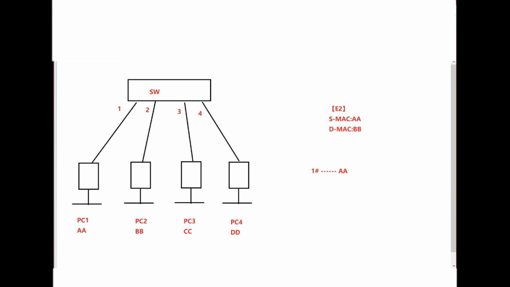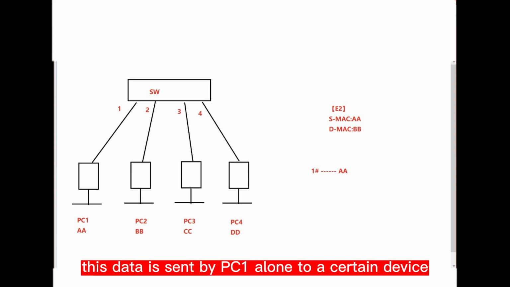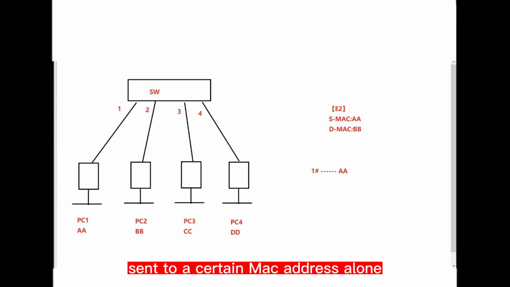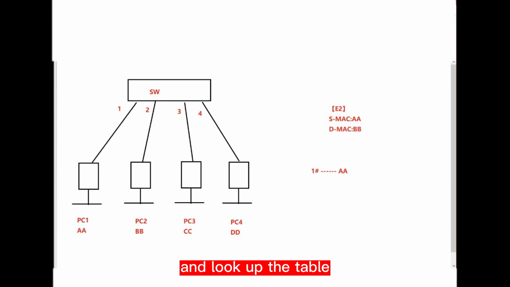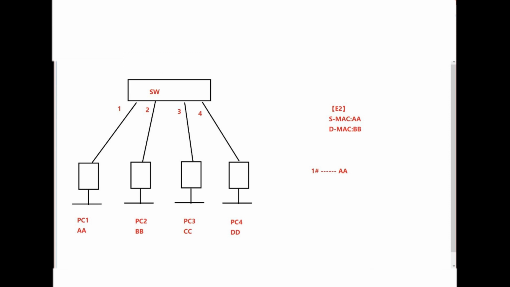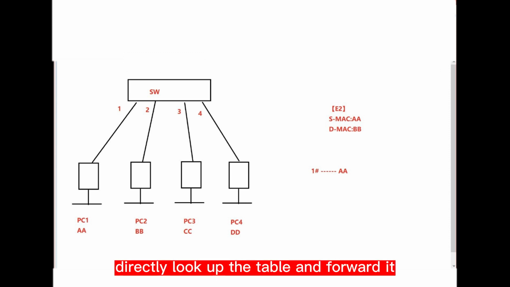Unicast means this data is sent by PC1 alone to a certain device, that is, to a certain MAC address alone. And it looks up the table. If there is an entry, it means this data has a clear destination. Known unicast data frame: if you know it, directly look up the table and forward it.